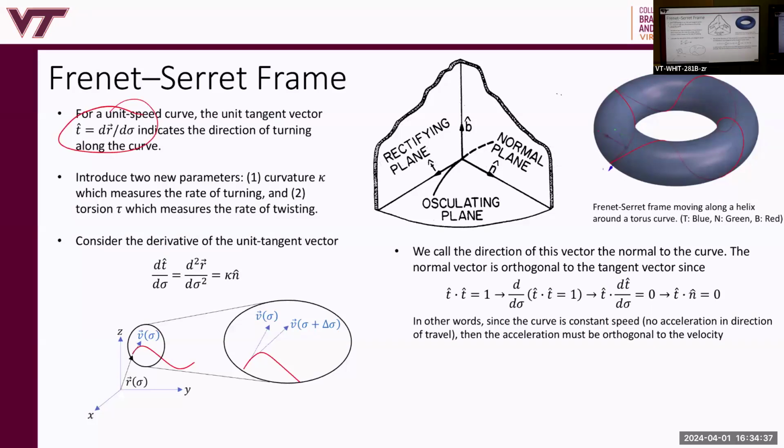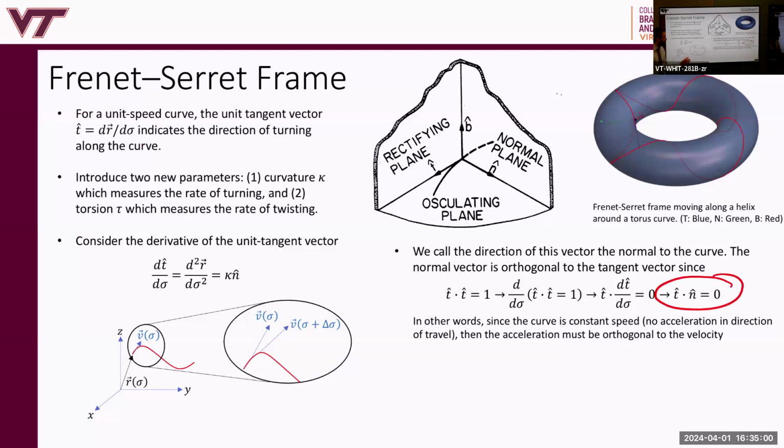So think of this. The velocity is here, the tangent vector. If we differentiate the velocity one more time, which is the second derivative of position, we get acceleration. So now we're talking about the acceleration of the curve, and the acceleration of the curve we define as kappa times n. And we just said that the tangent, or the velocity, is orthogonal to the normal, or the acceleration.